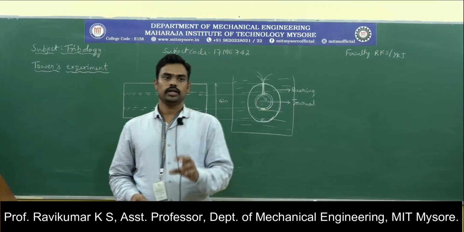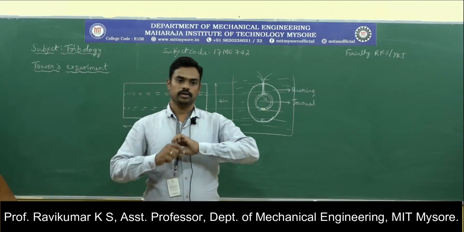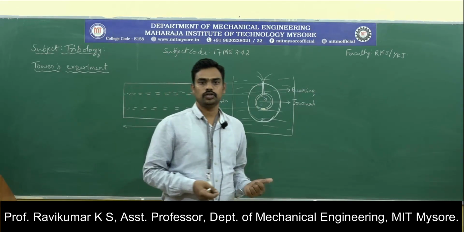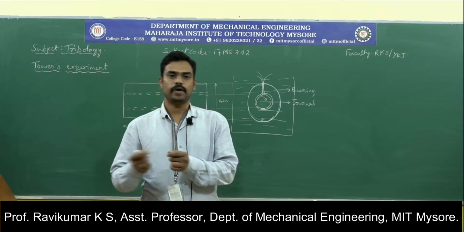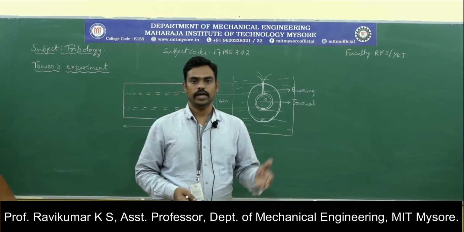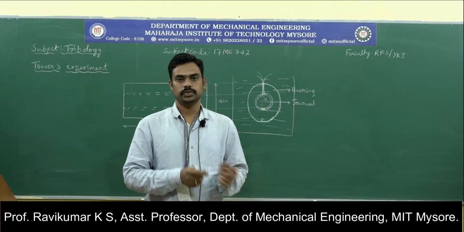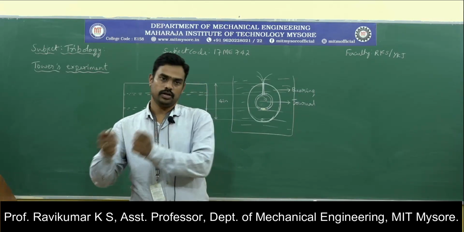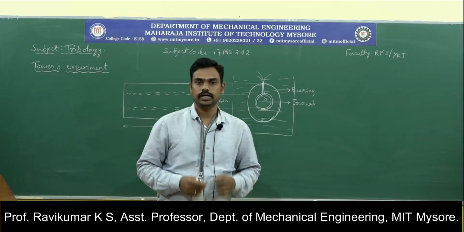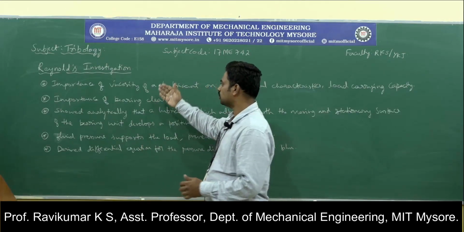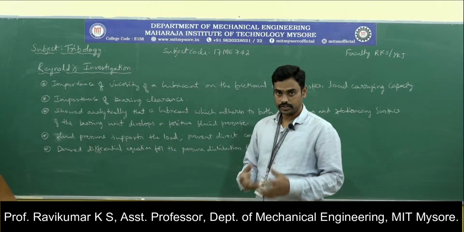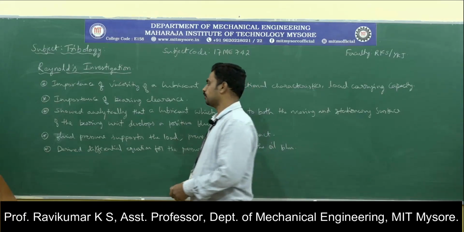So Reynolds gave the equation to explain Tower's experiment in terms of a partial differential equation, where we can know what parameters the pressure distribution in the oil film depends on. So these are all Reynolds' investigations on Tower's experiment.